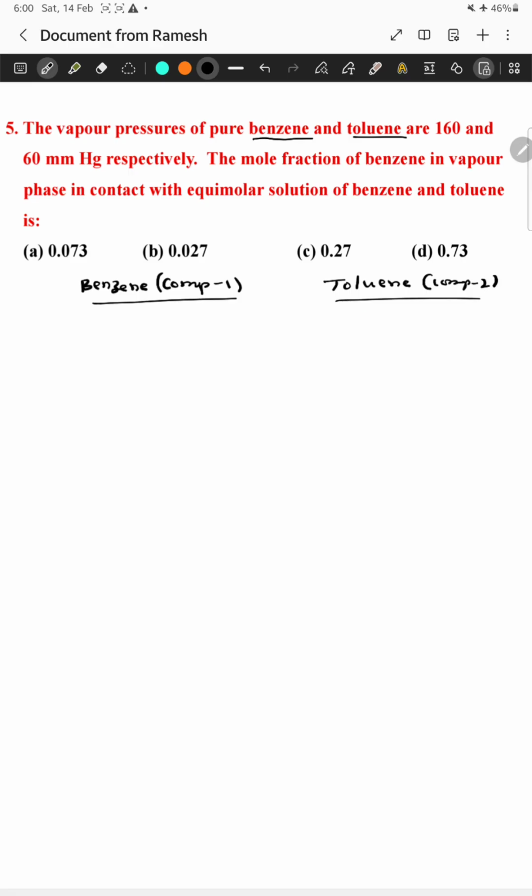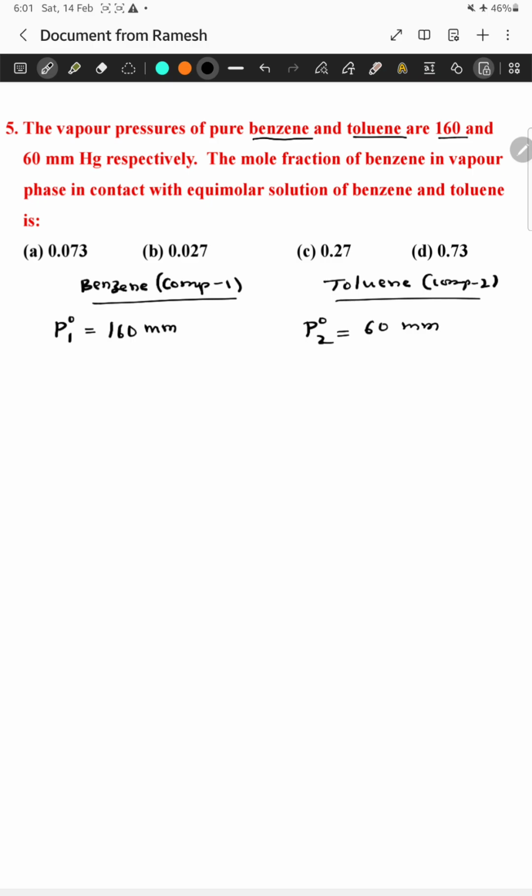What information is given about these? The vapor pressure of benzene, P01, is given as 160 millimeter of mercury. Similarly, the vapor pressure of toluene, P02, is 60 millimeter of mercury.